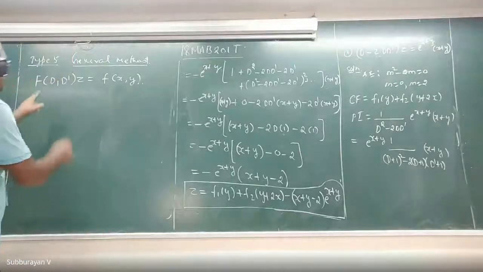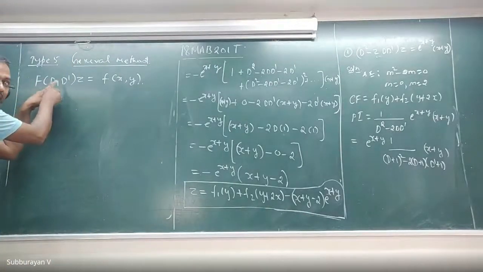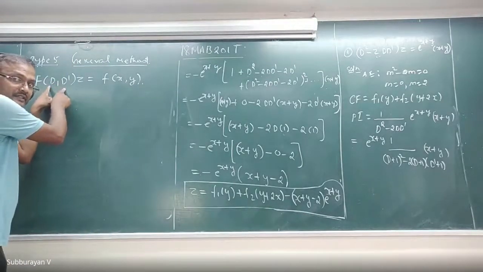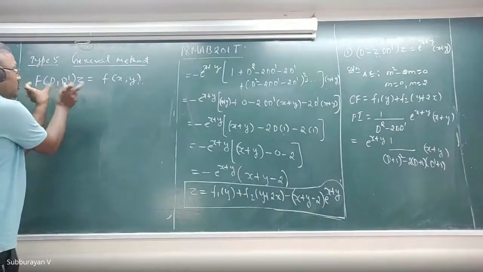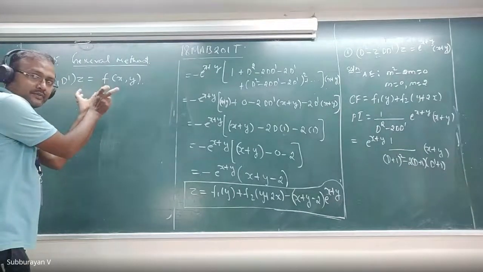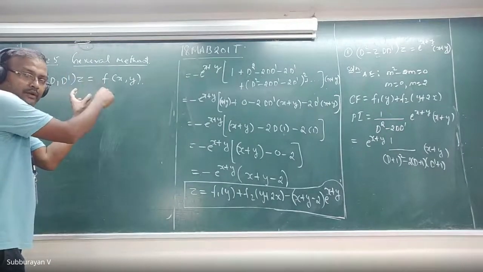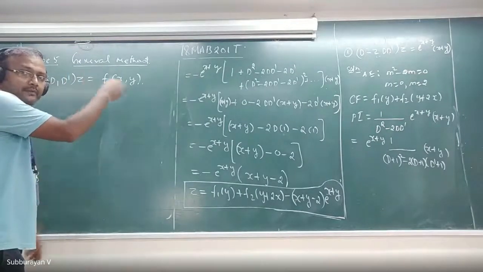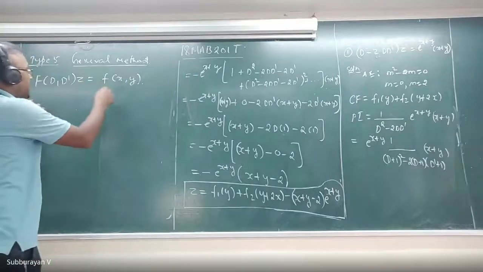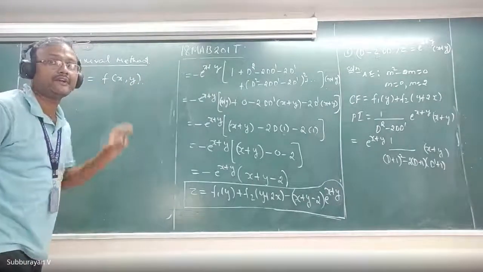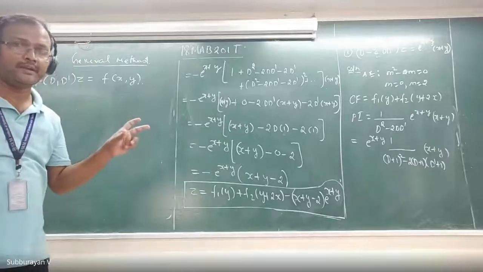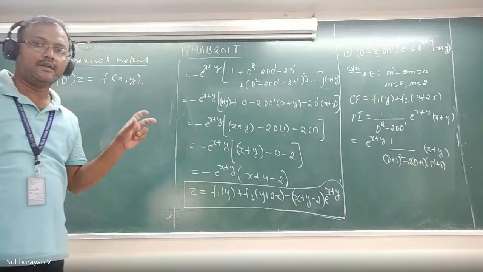For example, if this is a second order homogeneous differential equation, then there will be two terms. For example, (D plus m1 D dash) into (D plus m2 D dash) into z equal to f of x comma y. That is called a factorization of the operator polynomial into linear factors.